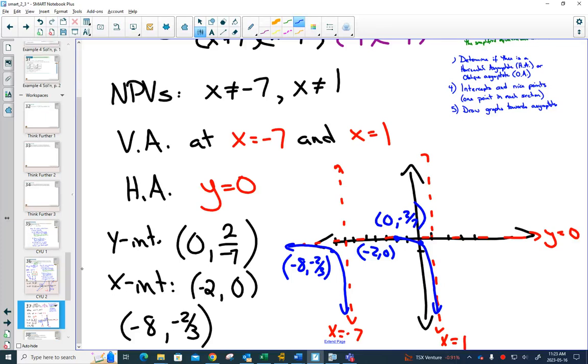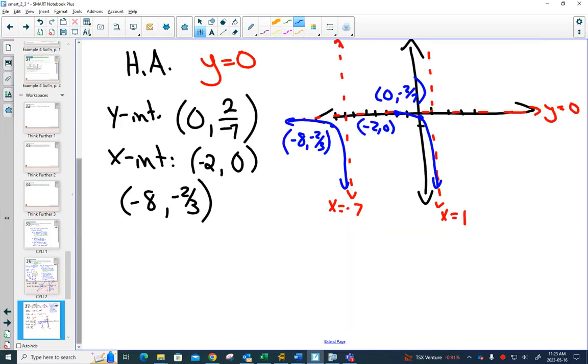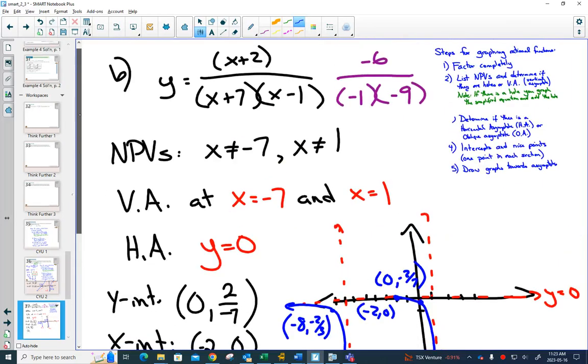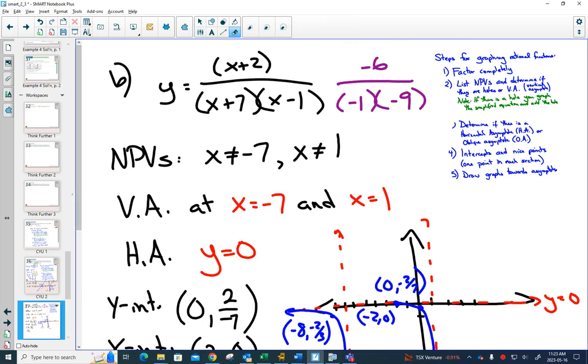I have nothing in this section where x is bigger than 1. So what would be a nice point when x is bigger than 1? I'll plug in 2. And I'm going to go up, and in purple, first of all, I'm going to erase the numbers that I had.